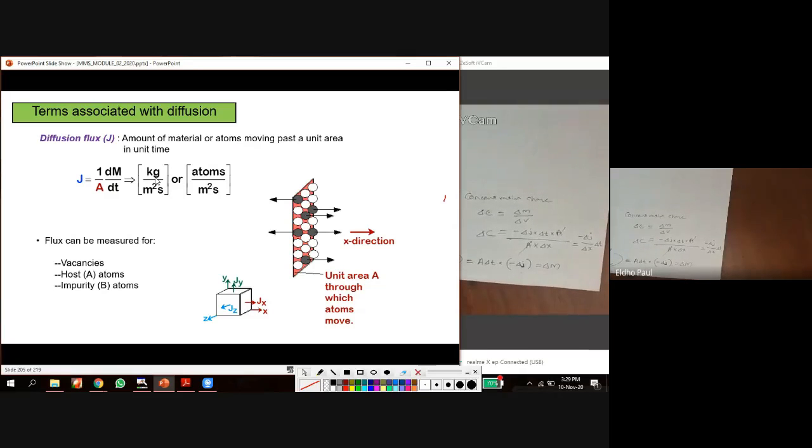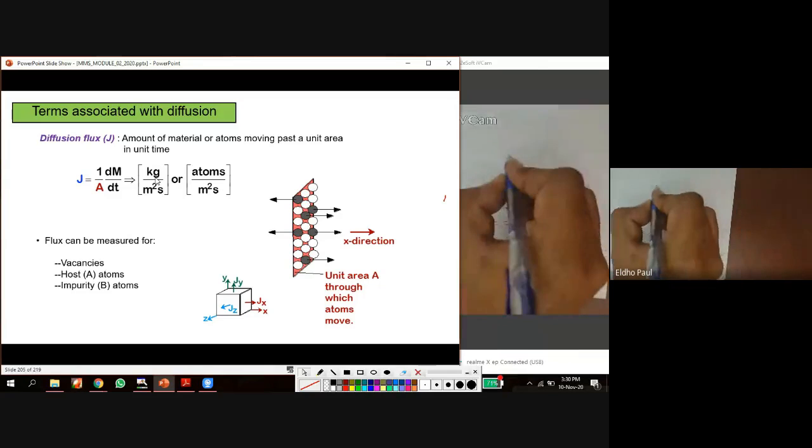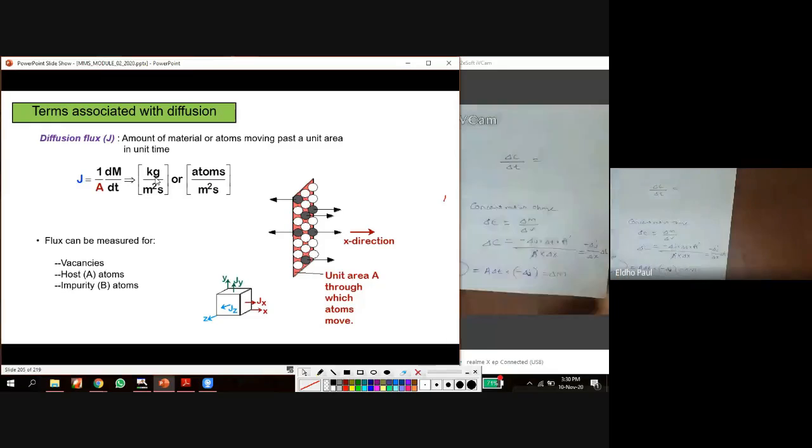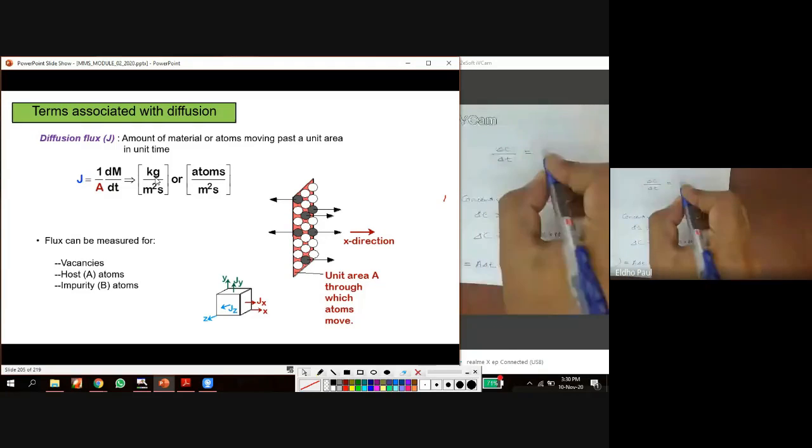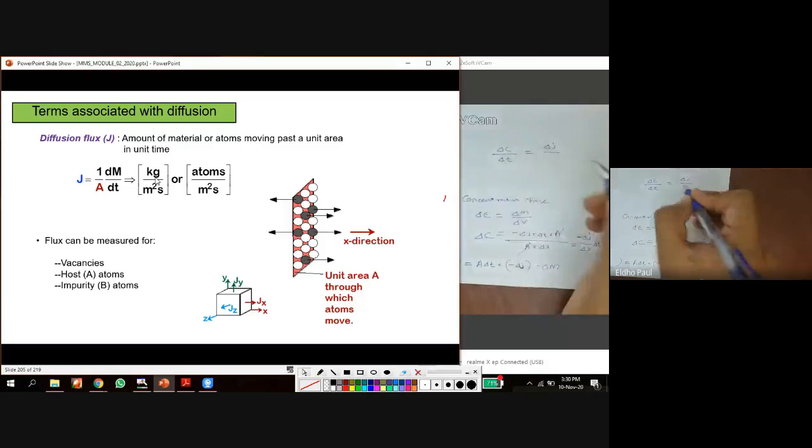So that is the change in concentration. From this, we can write delta C by delta t equal to minus delta J by delta x.